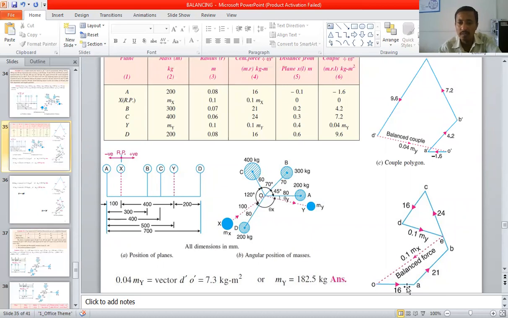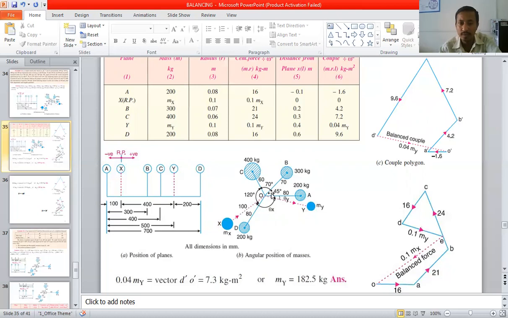O to A, OA mass A, it is 16. It should be along this line because of mass MA. Next, similarly from A to B, mass B, which has an angle of 45 degrees, so anti-clockwise, always you need to take the angle in anti-clockwise direction. So this angle is 45 degrees with respect to horizontal.